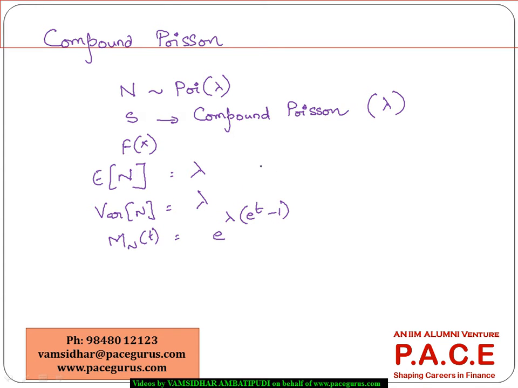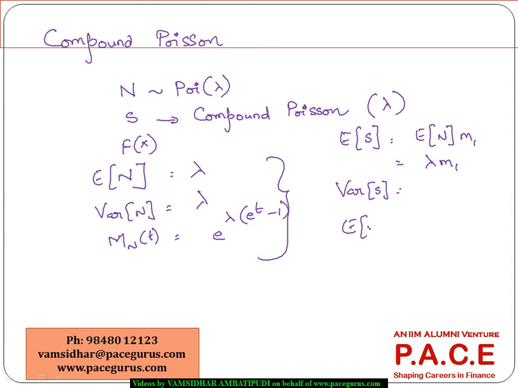Now, based on these numbers, I am really interested in finding out the expected value of S. We know the expected value of S is nothing but expected value of N times M1, which is lambda M1. Similarly, if I want the variance of S, what is the formula we have got earlier?